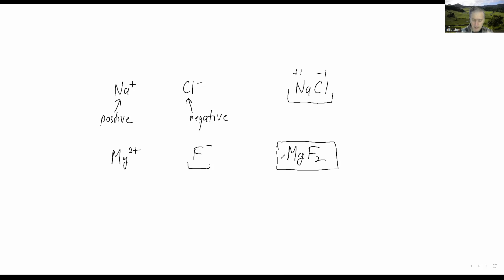right? So if we had chromium 3+ and then oxide ion, which is 2 minus, how do we figure out what that formula will be? Well, the book will tell you, that's the example for chromium 3+ and oxygen 2-. What you do is take the absolute value of this number, 2, and bring it down here.